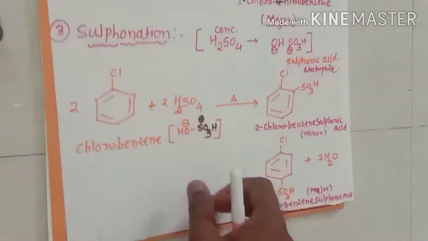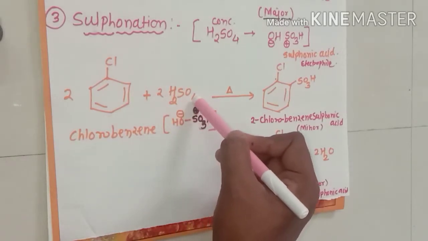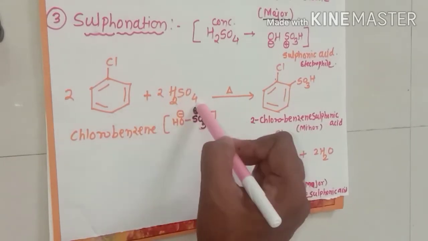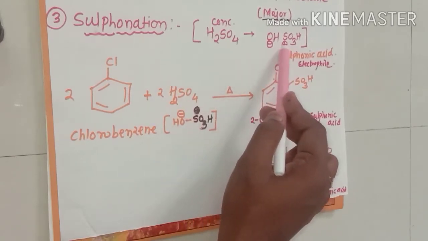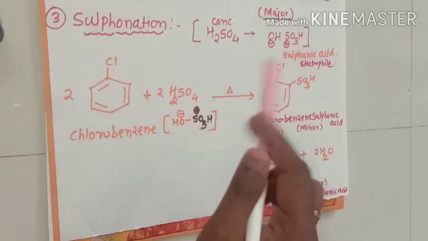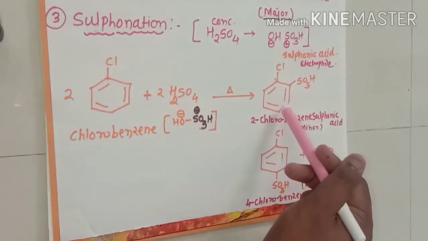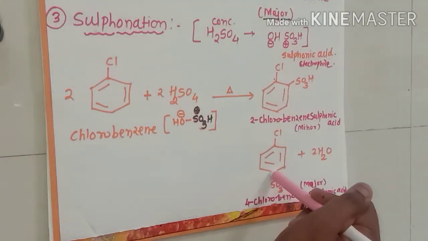Now we discuss the sulfonation reaction. When chlorobenzene is treated with sulfuric acid, the sulfonic acid group attacks the ortho position as well as the para position to give two different products.